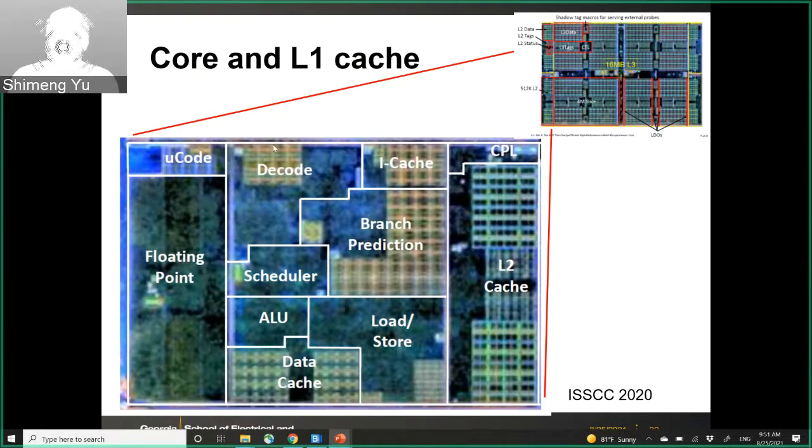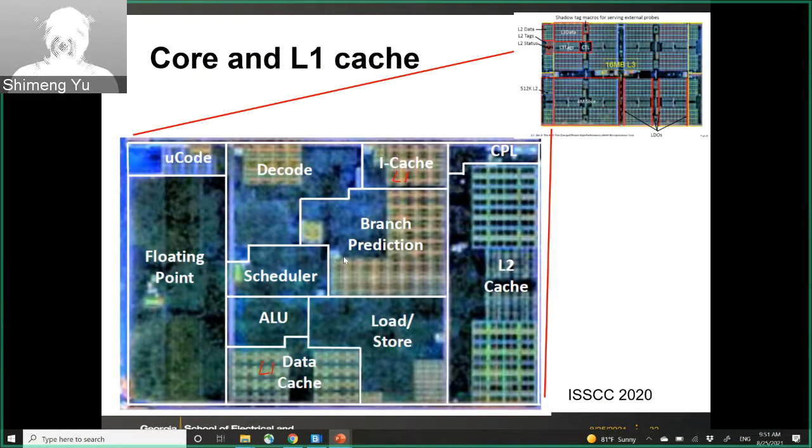And if you look at the core, this is the L1 instruction cache, and this is the L1 data cache. And then you have other logic components like the ALU, the arithmetic logic unit. And then you have CPU design blocks like branch prediction, scheduler, and so on, and floating point computation.